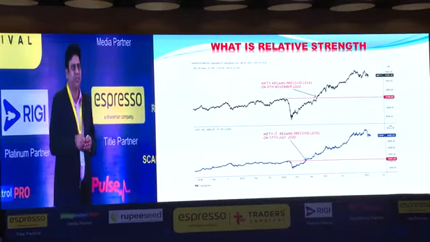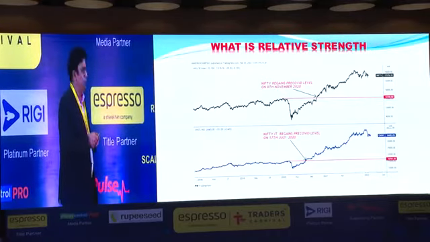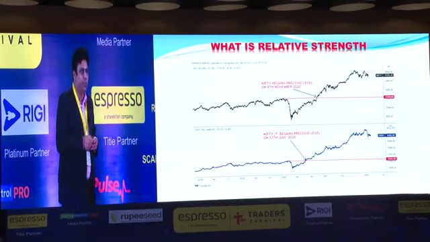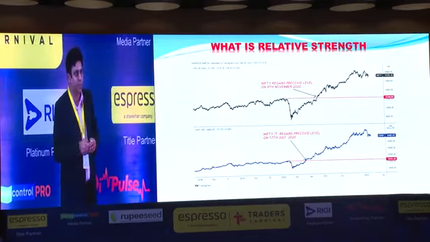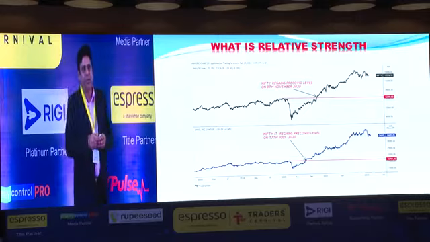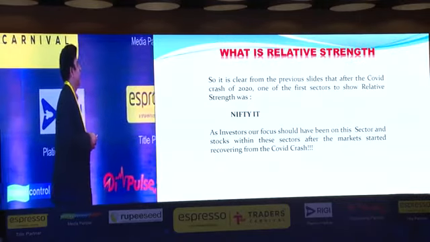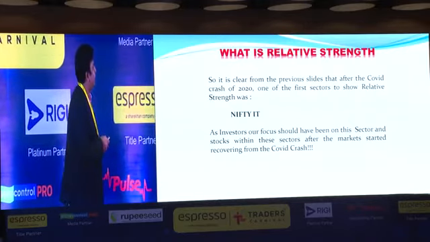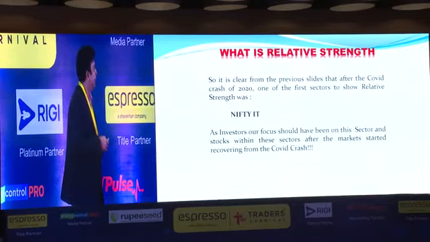So friends, this is the concept of outperformance. Nifty IT was the outperforming sector much before even Nifty could recover its pre-COVID high. So what do we get out of this? It is clear from the previous slides that after the COVID crash of 2020, one of the first sectors to show strength was Nifty IT.